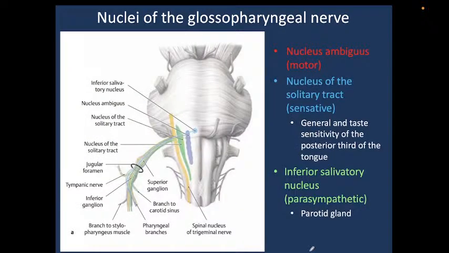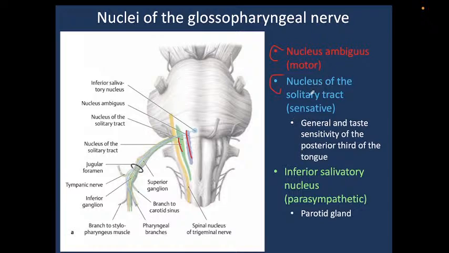Here you see nuclei of the glossopharyngeal nerves. There are three nuclei. The first nucleus is called nucleus ambiguus. It is here. It is motor. Then the blue nucleus. Here it is not blue. It is green. But this is a mistake of the atlas, I hope.